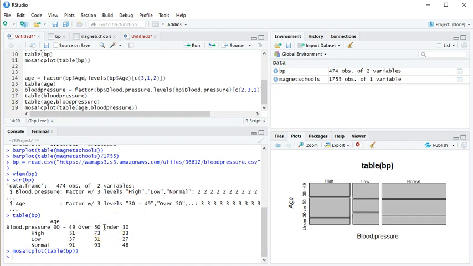So I really want the under 30 to be first. And since right now that's the third one, that's what this part here is. That c(3,1,2) means I'm going to do the under 30 first, the third level first, and then the first level, which is 30 to 49, and then the over 50.